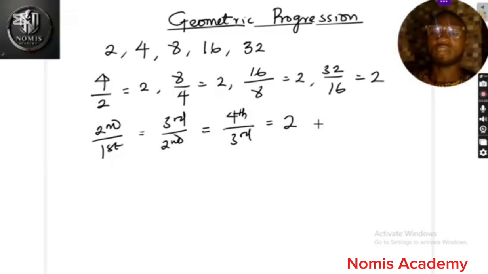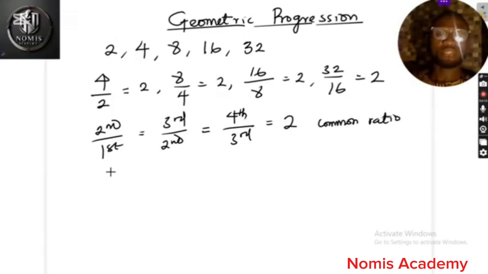The ratio of the progression is 2, that is 2 over 1, 2 ratio 1. So the common ratio is 2, and the sequence progresses by the common ratio of 2.